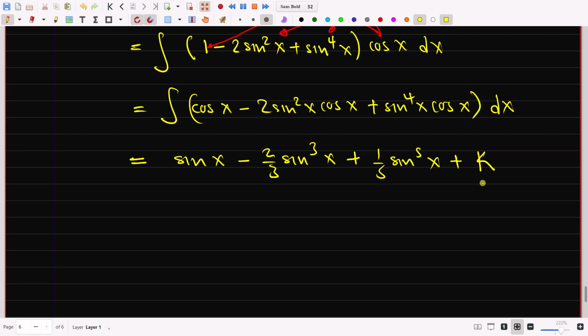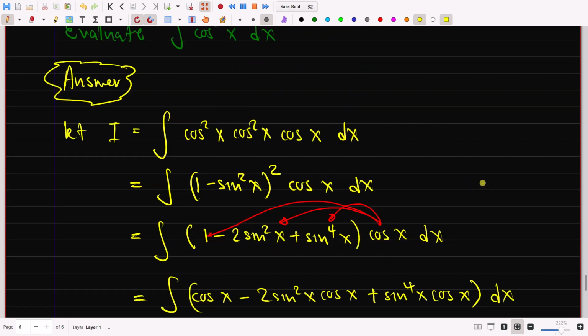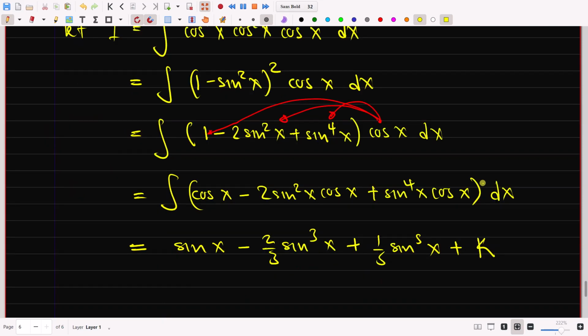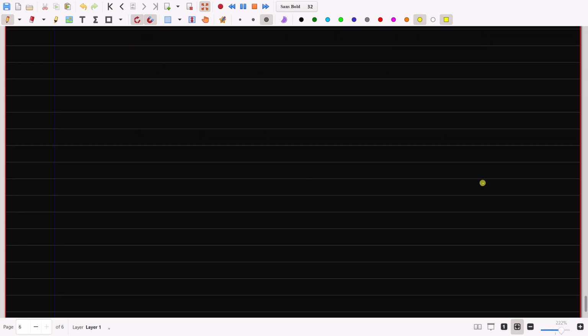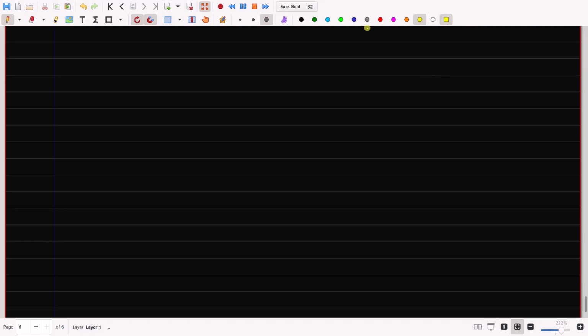Then now, what we want is to look at integrals of this form. Integrals of the form integral of cos nx sine mx, or integral of cos nx cos mx dx.